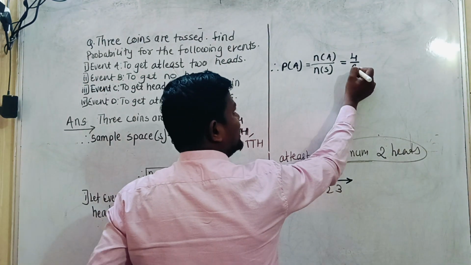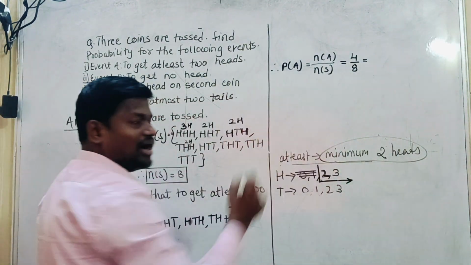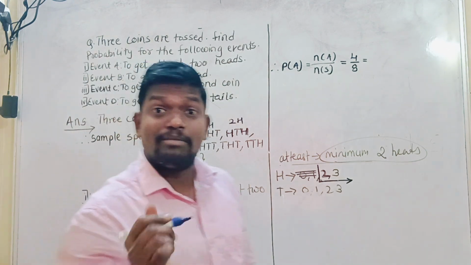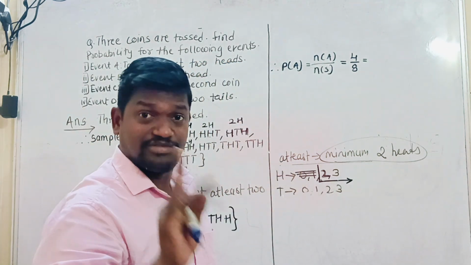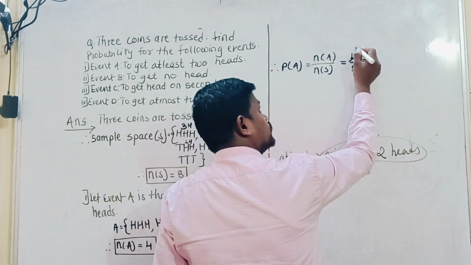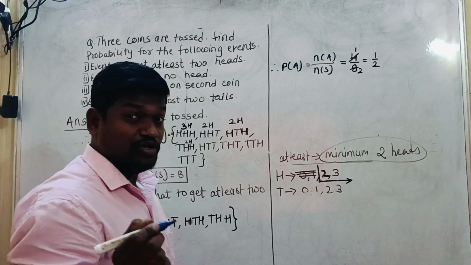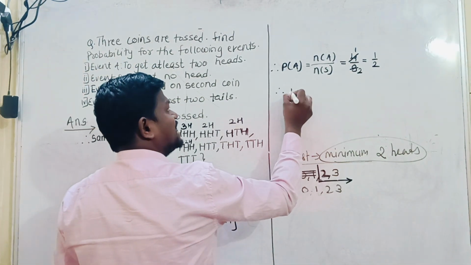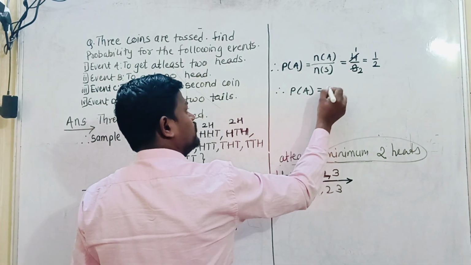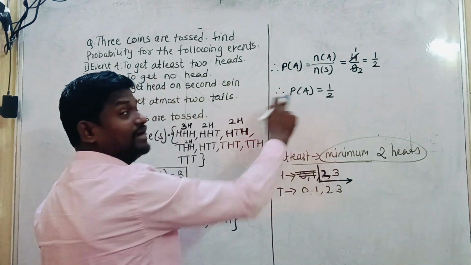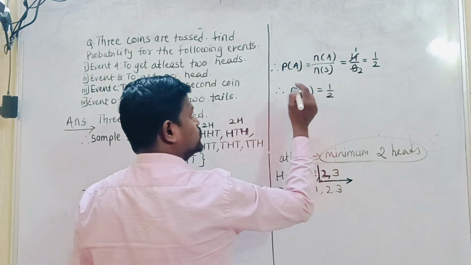Both numbers are divisible by 4. 4 ones are 4, 4 twos are 8. Our answer is 1 upon 2. So P of A, the probability for event A, is 1 upon 2.